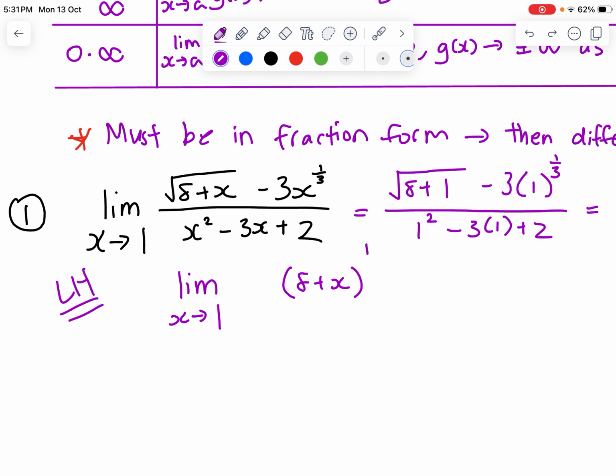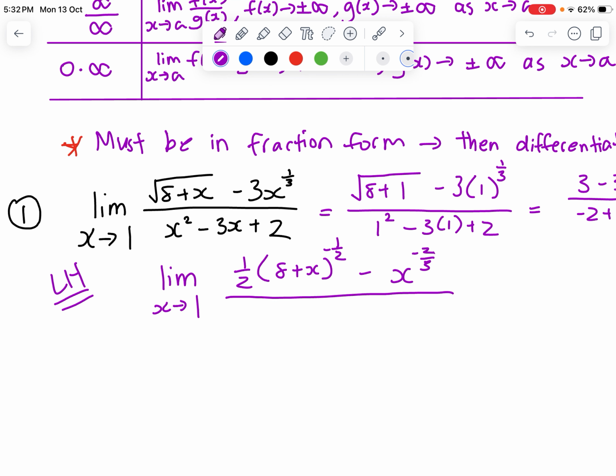So to differentiate it, we put the 1/2 out front, and we keep the inside function, 8 plus x, to the power of 1/2 minus 1, which is negative 1 over 2. Minus, we want to differentiate 3x to the power of 1 over 3, which is basically just x to the power of 1/3 minus 1, which is negative 2 over 3.